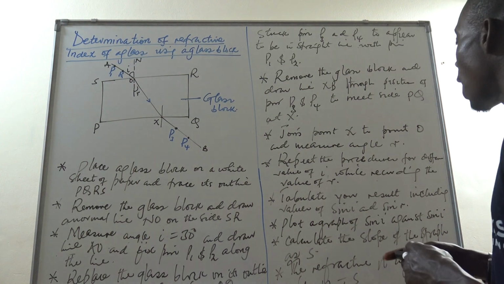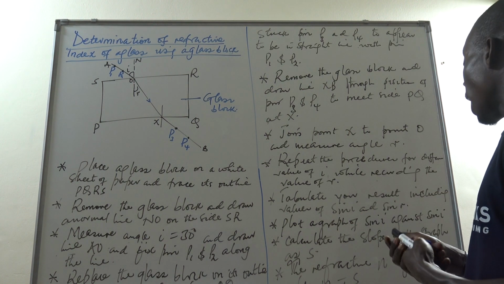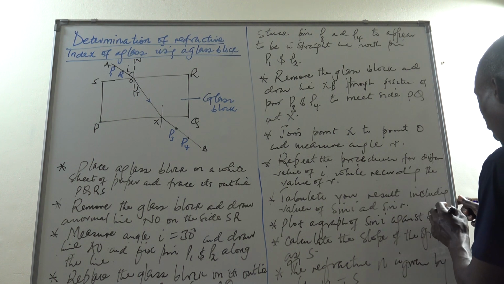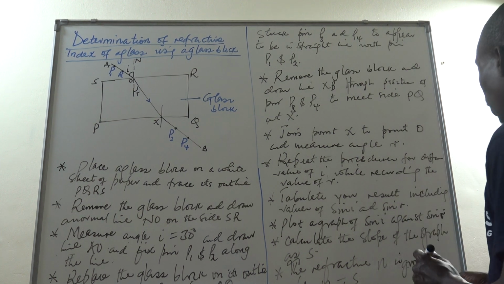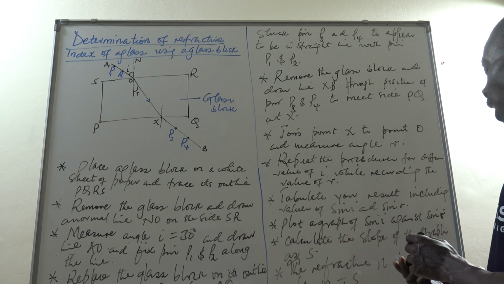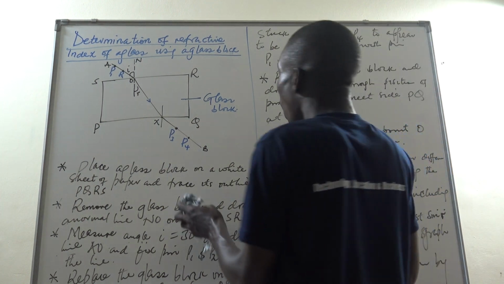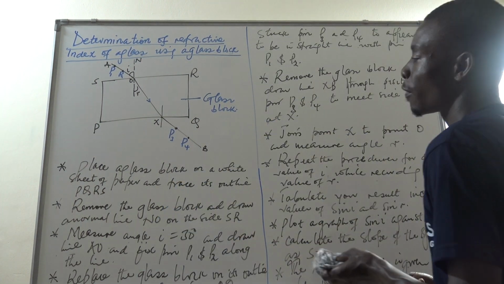So after tabulating, plot a graph of sin I against sin R, and then calculate the slope of the graph as S; the refractive index will be given by that. Don't forget, why are we saying the slope is the refractive index?